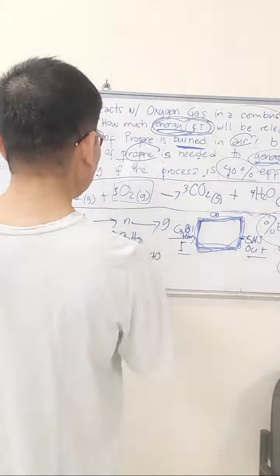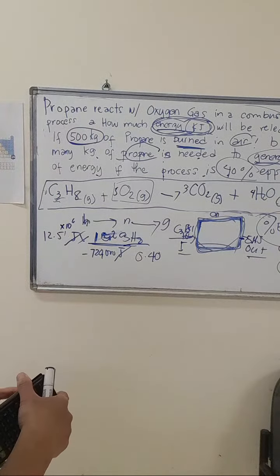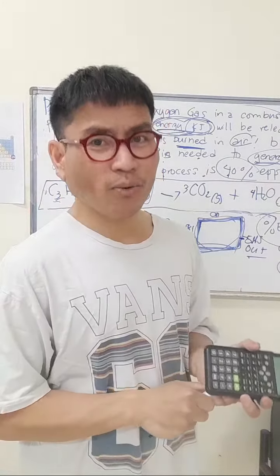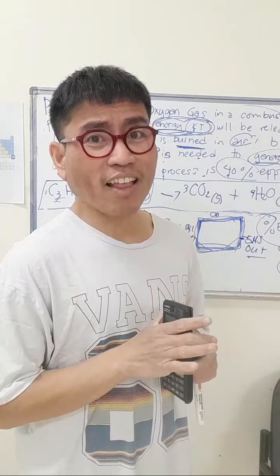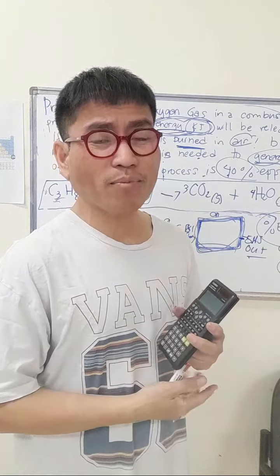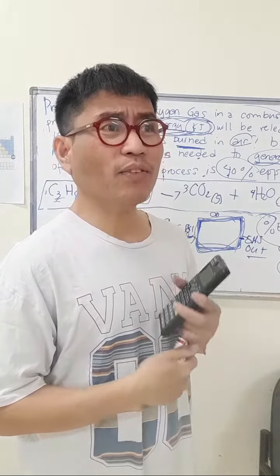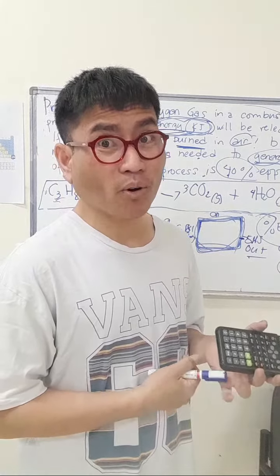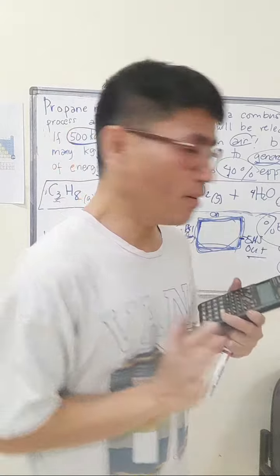So we have the mole in the upper portion, and then you need to convert that to grams. Then again, molar mass, molecular weight. In short, put that in your brain cells: if it asks for the grams, it will connect to the molar mass or the molecular weight. If it asks for the heat energy, it will connect to the number of moles. Do not mix up like that.